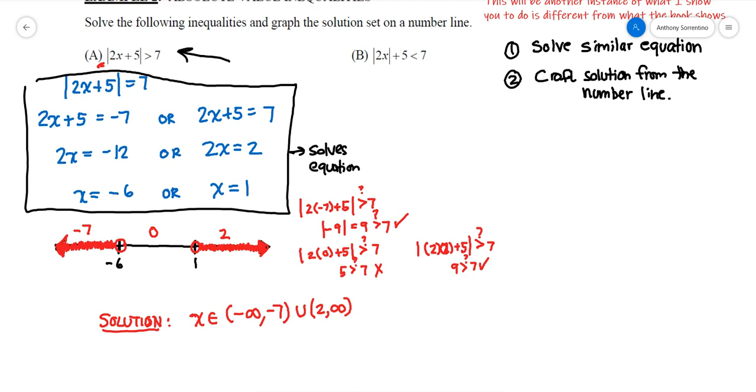I could also state it in more of an inequality notation and say that x is less than -7 or x is greater than 2.